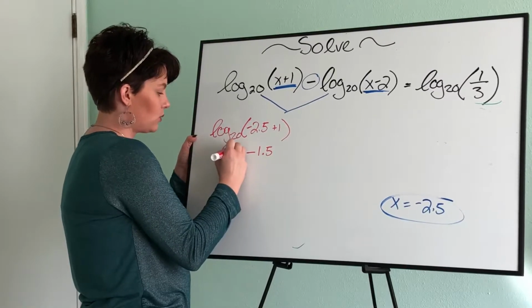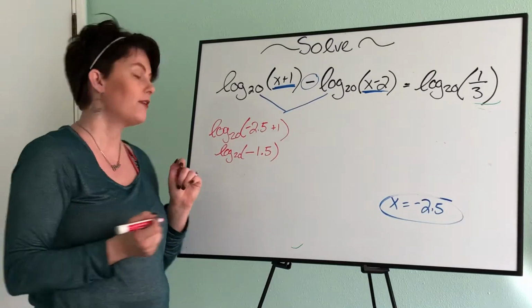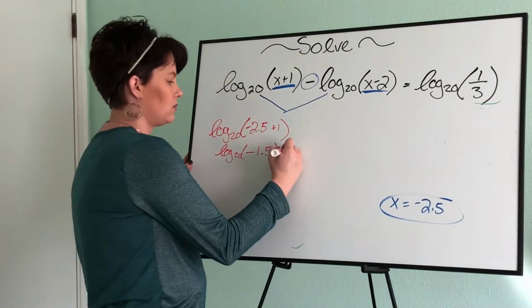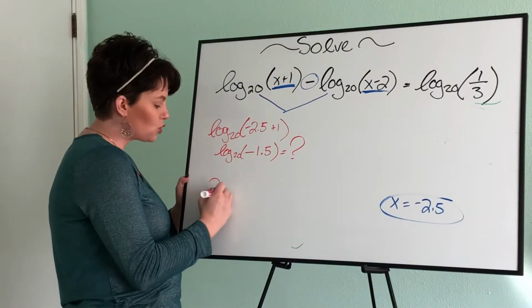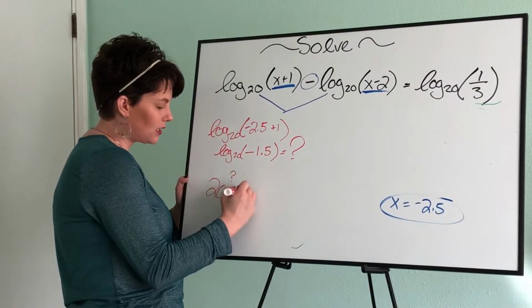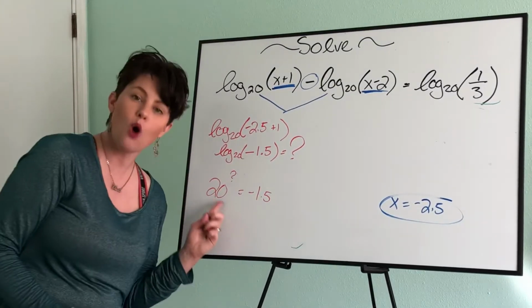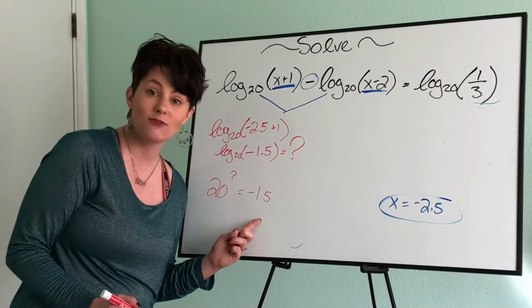And I have log 20 of negative 1.5. And let's say we were going to evaluate that to figure out what number that equaled. So it'd be like equals something. 20 to what exponent can give me the answer negative 1.5? There is no exponent you could possibly fill in to turn 20 into a negative number.